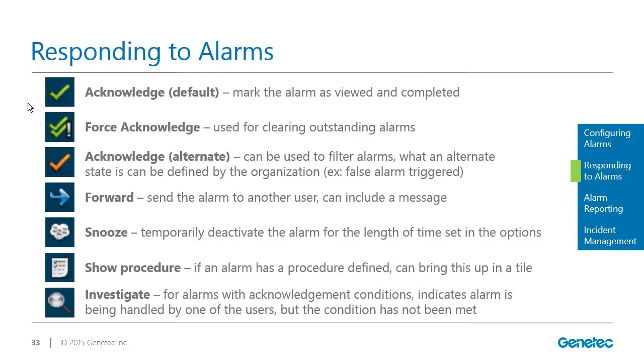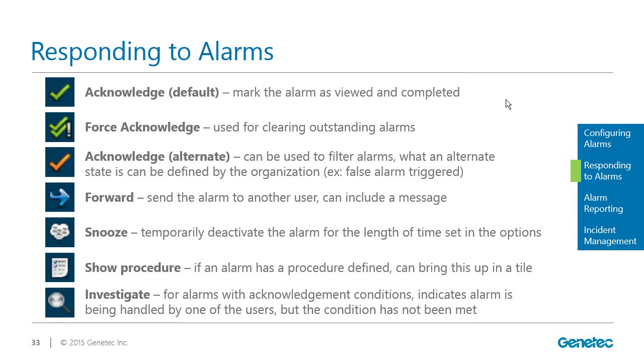Okay, looking at all the types of acknowledgements here, our default acknowledgement is pretty basic. That's the one that people are going to be using 90% of the time, and that's basically saying, I recognize the alarm, I understand what's going on, and I'm going to look into it, so let's complete that, or the situation has been taken care of.